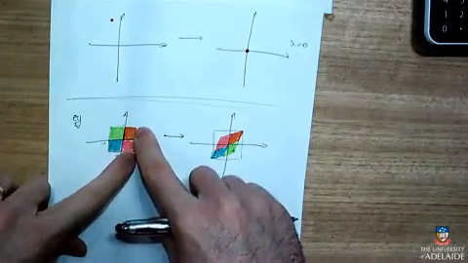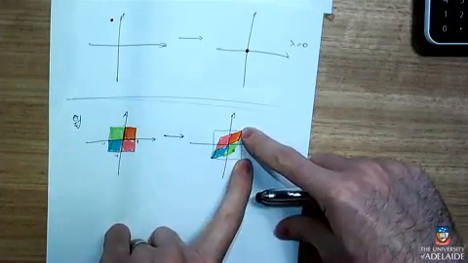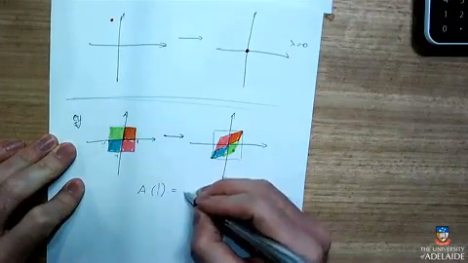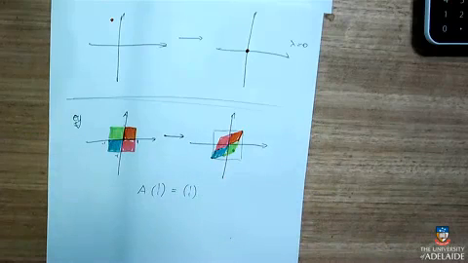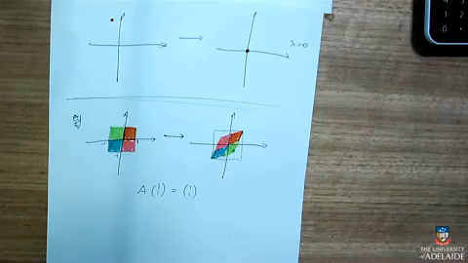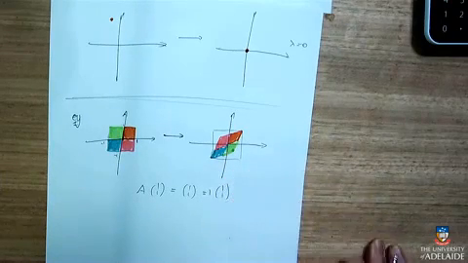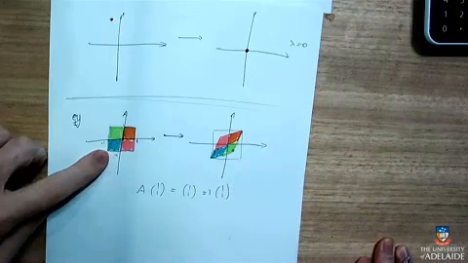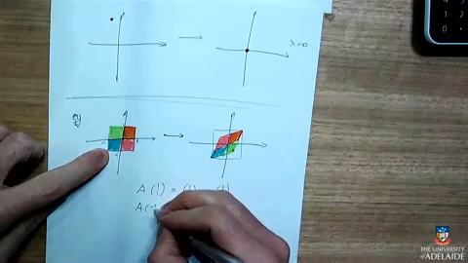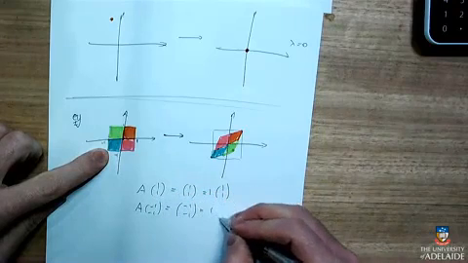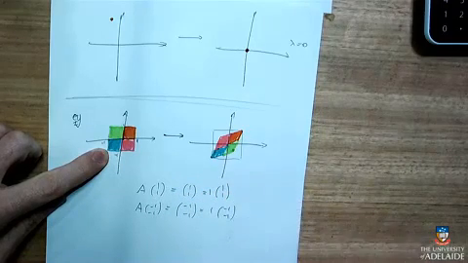So this point 1, 1 is still at the point 1, 1 afterwards. So I have A of the vector 1, 1 is still 1, 1. So it's an eigenvector because, well, the eigenvalue is 1. And this one down here is as well.